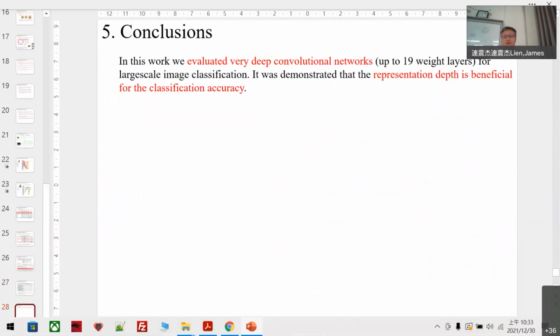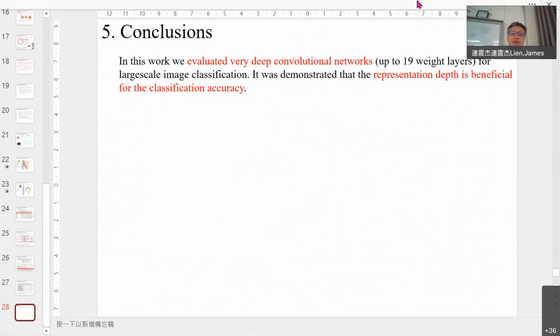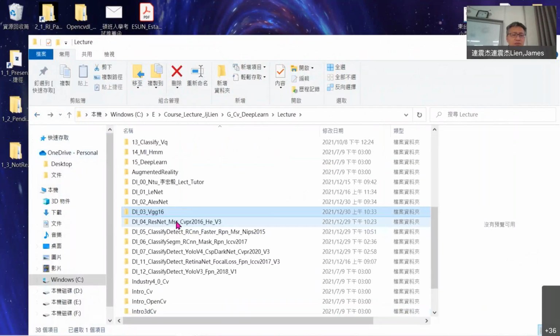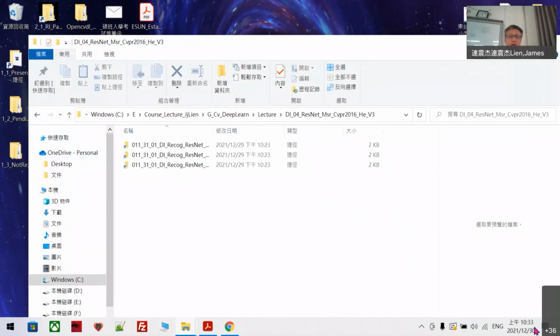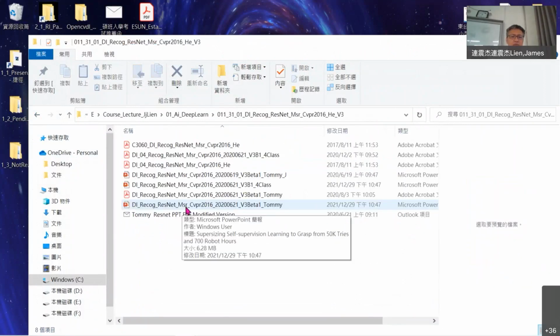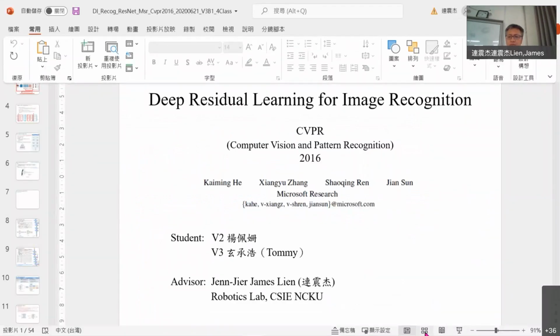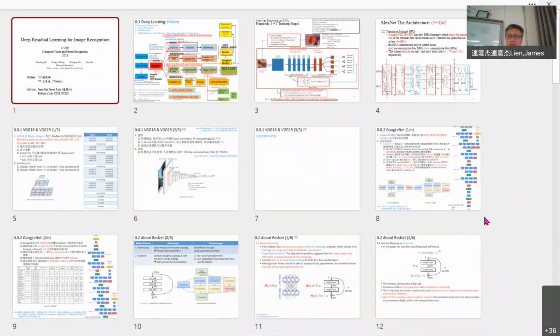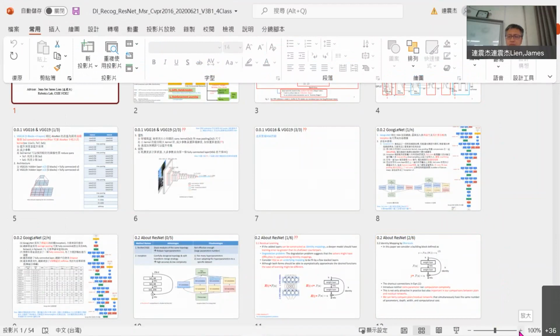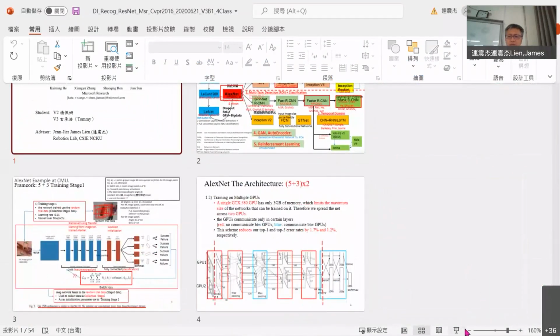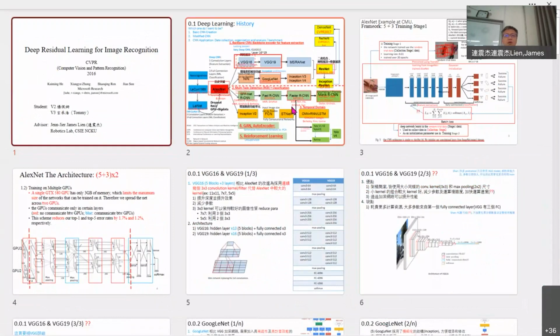OK, so that's for the AlexNet. 你看 AlexNet。那我们继续看 ResNet. So we talk about ResNet here.